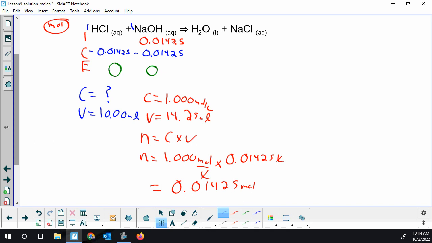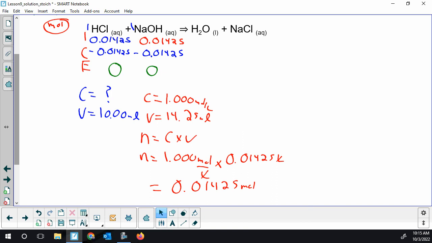That amount must have gone away, the exact same amount because of the 1-to-1 ratio. So that's the amount we must have started with. And all those identical 0.01425 moles is why some of you might skip the ICE table and just realize the relationship.